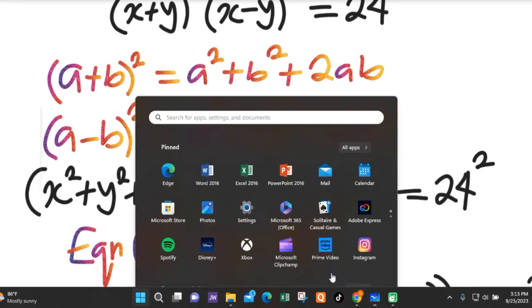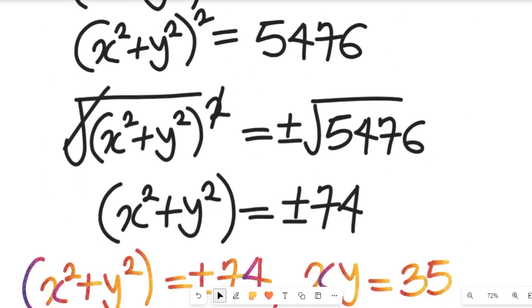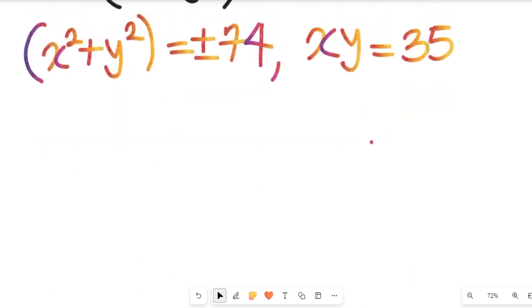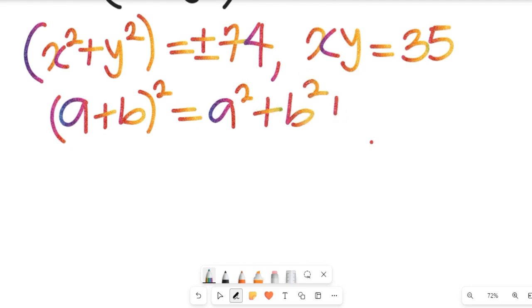Now let's go back to that expression. I want you to recall an algebraic formula. From the algebraic formula, we were told that (a plus b) squared is equal to a squared plus b squared plus 2ab.